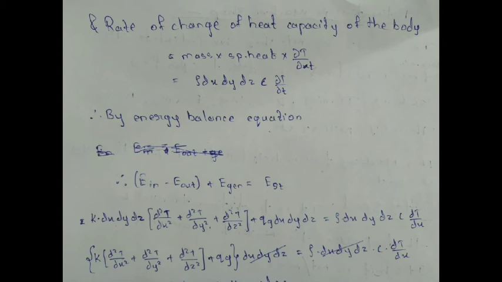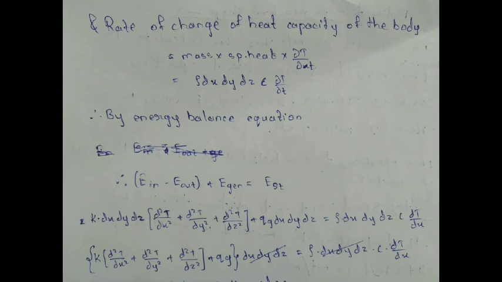Considering the similar terms in equations 3, 4 and 5, that is K into dx, dy and dz, taking it common, the equation is written as K into dx dy dz into d square T by dx square plus d square T by dy square plus d square T by dz square, plus Qg into dx dy dz, which is the heat generated within the volume, equal to rho into dx dy dz into C into dT by dt, which is the energy stored, also called the rate of heat capacity change.